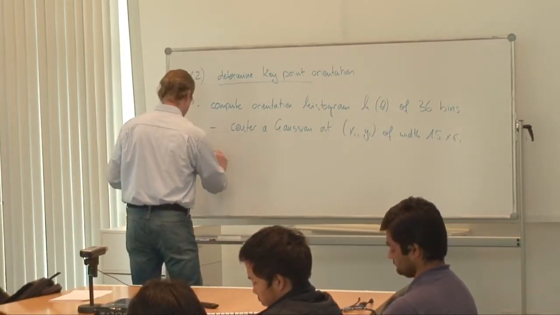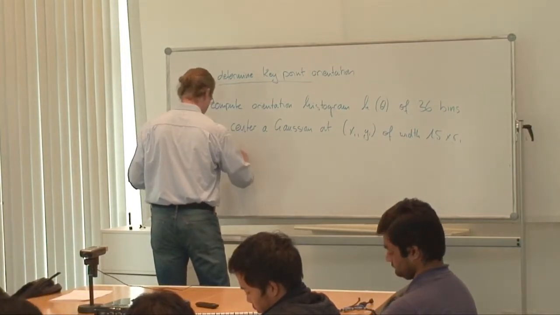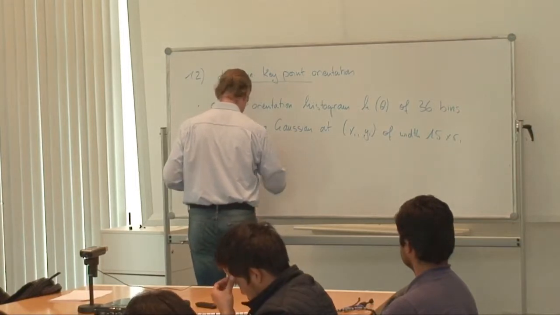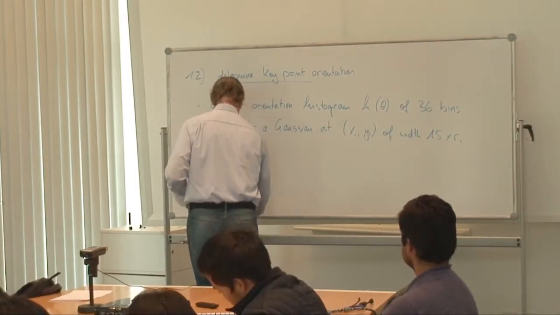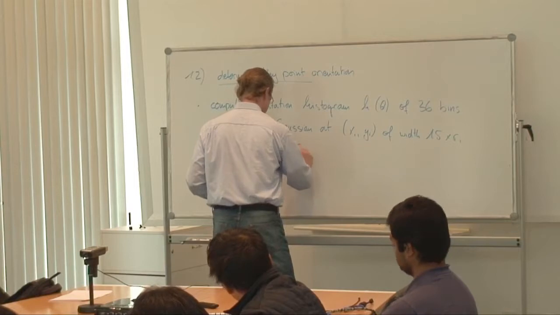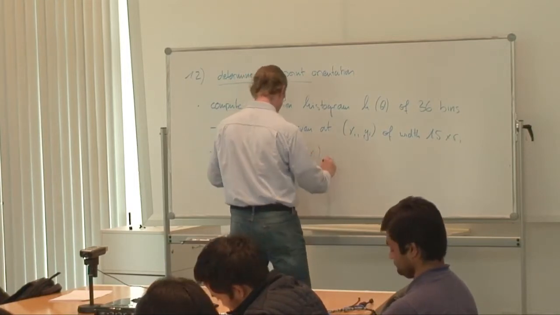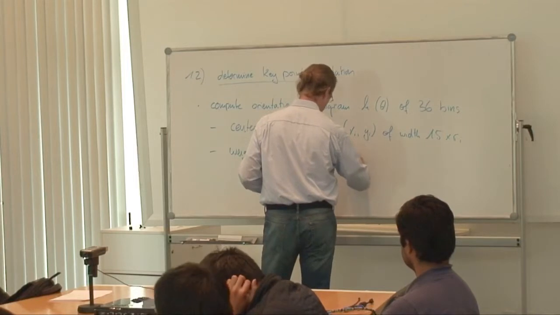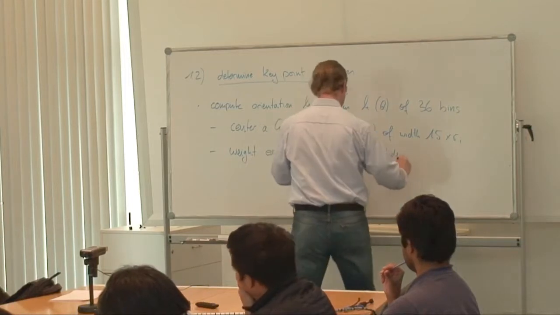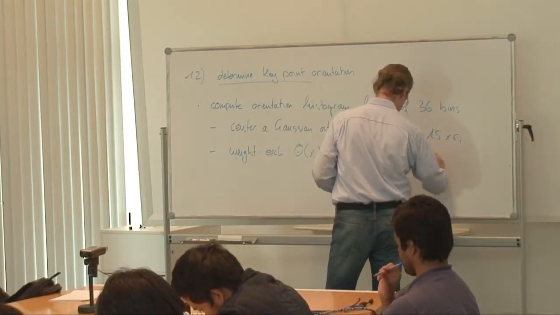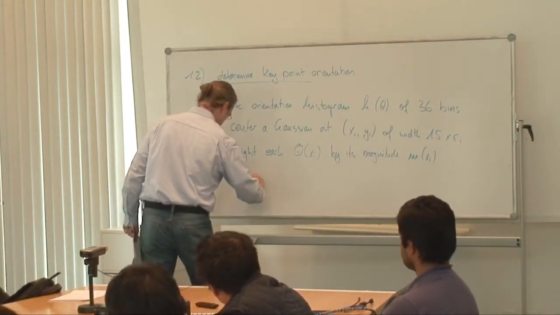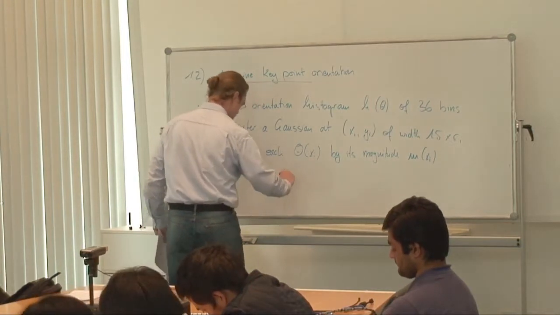And once we have done that, we then weight each orientation theta of xi by its magnitude m of xi, and then compute the histogram.